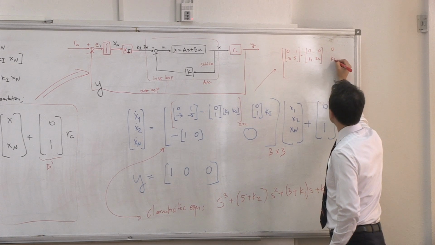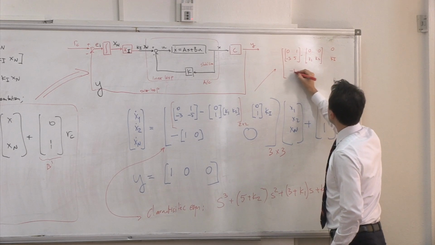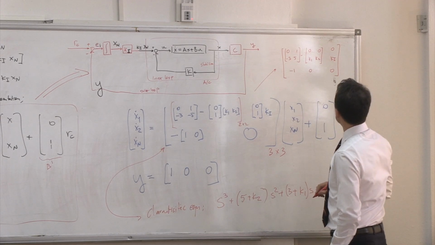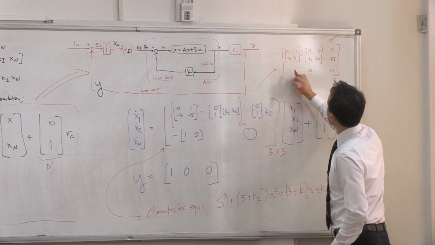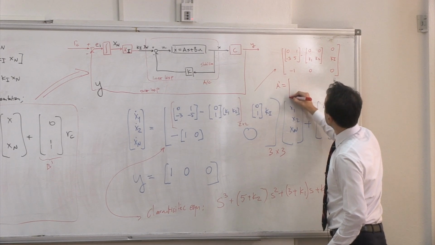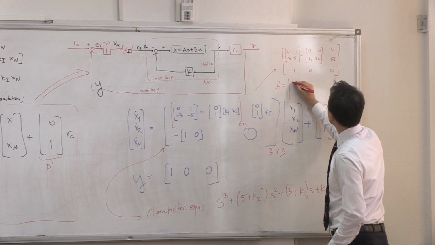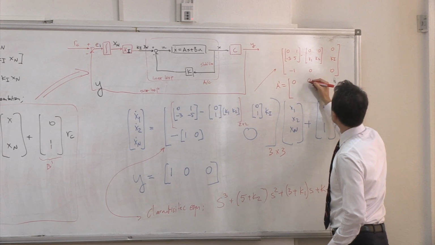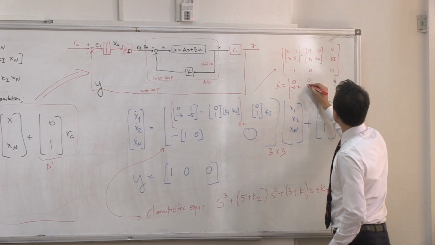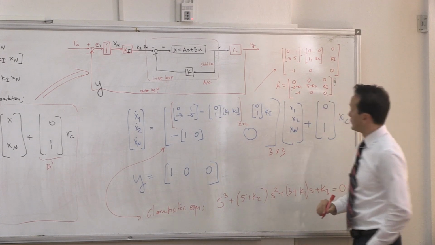Zero, I, minus 1, 0, 0. That will be equal to minus K2, 0, Ki minus 1, 0, 0. It will look like that.